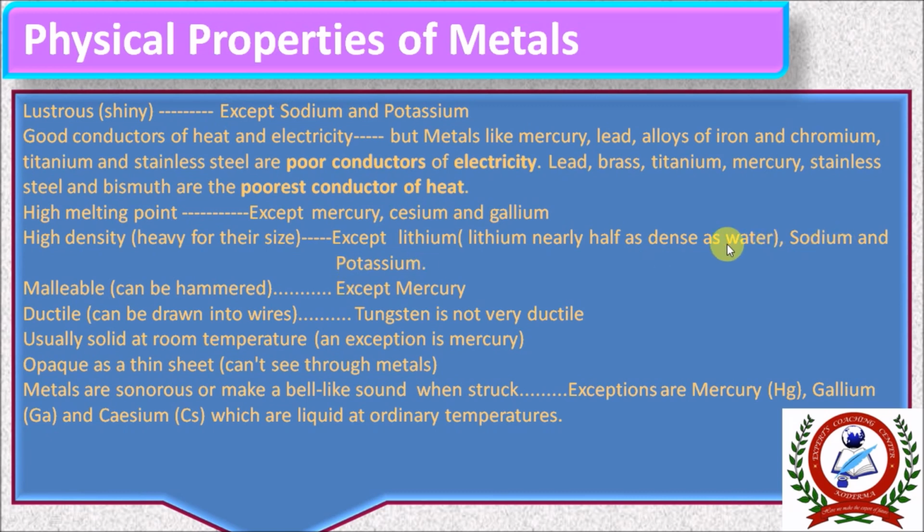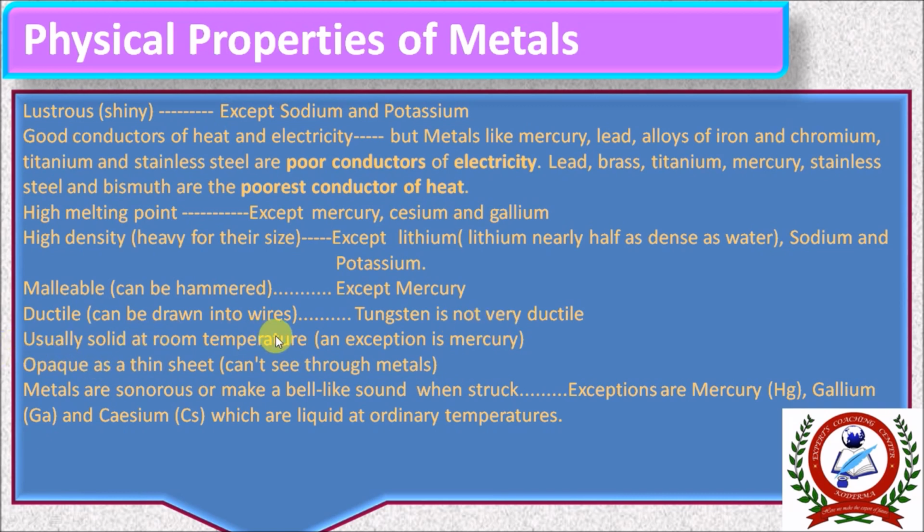Sodium and potassium, you can cut with the help of a knife also. Now metals are malleable. They can be hammered, except mercury. Metals are ductile, they can be drawn into wires. We have exceptions. Tungsten is not very ductile.